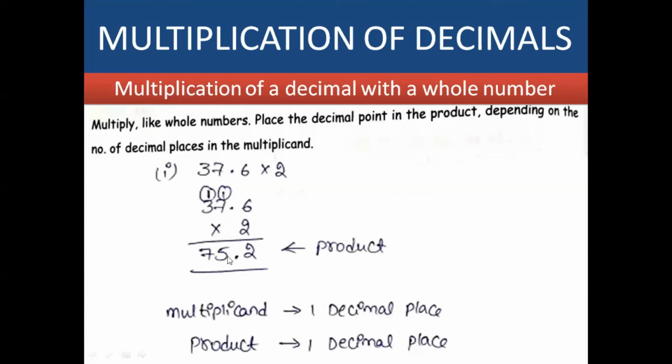Product is 75.2. Multiplicand: 1 decimal place. Product: 1 decimal place. Product is 75.2. Multiplicand means 37.6. In this also 1 decimal place. In the 75.2 product, we are having 1 decimal place, that is 0.2.